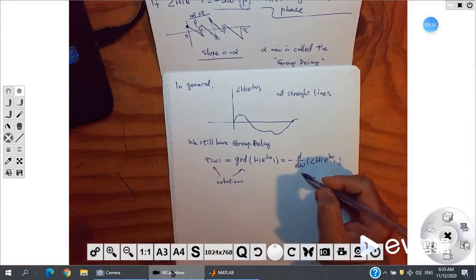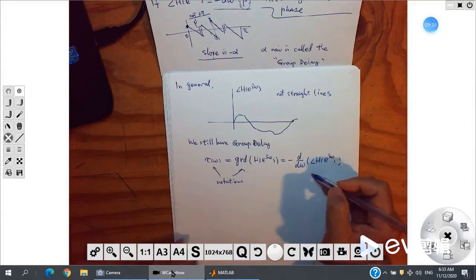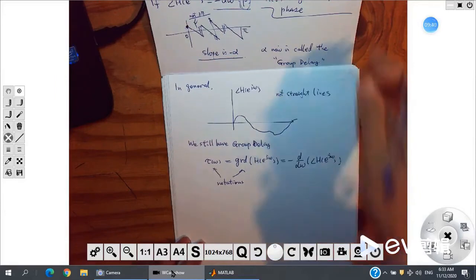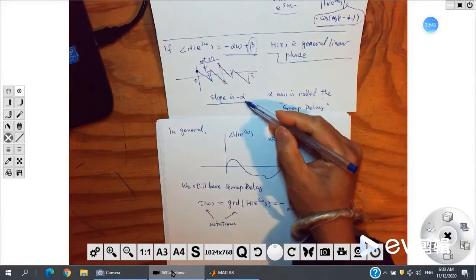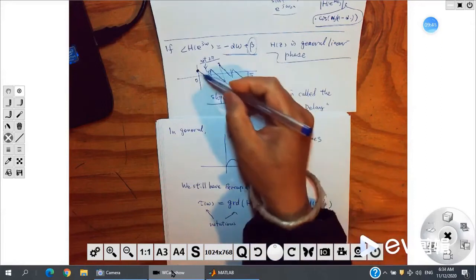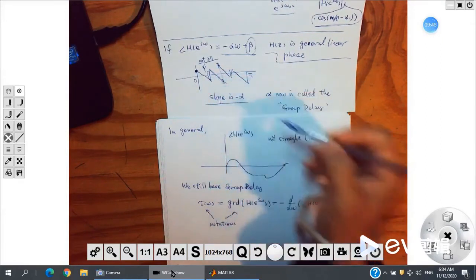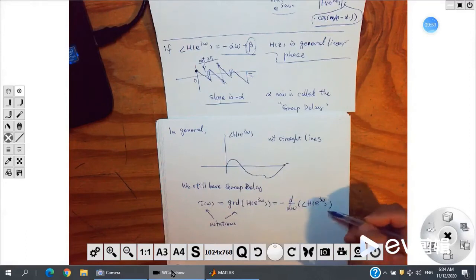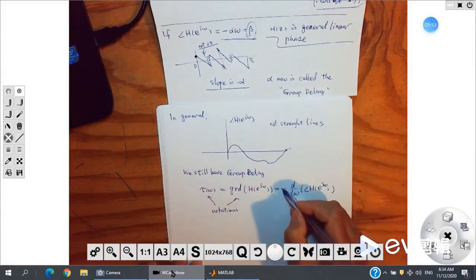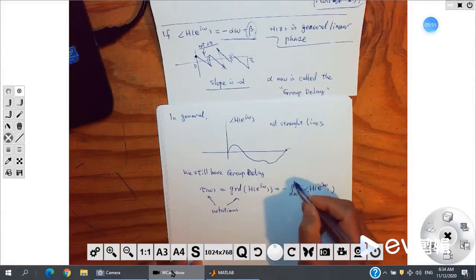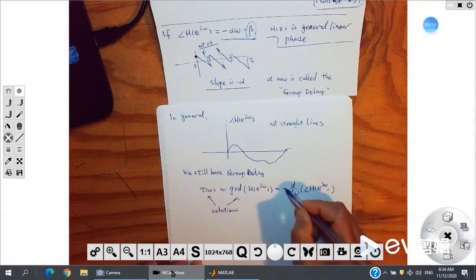The derivative is the slope. So it has the same meaning here. If it is a straight line, the slope is just this derivative. But we put in a negative, and that gives the group delay.